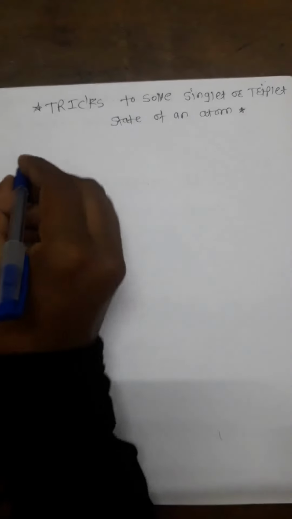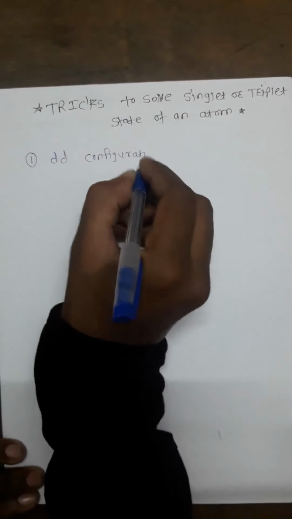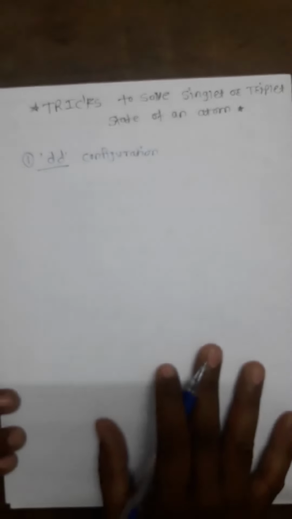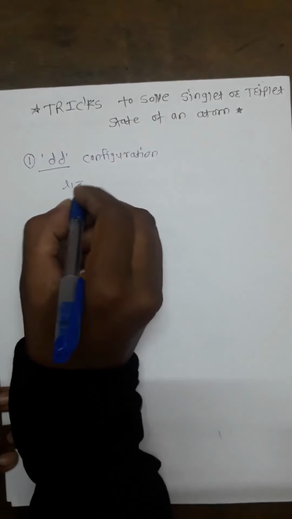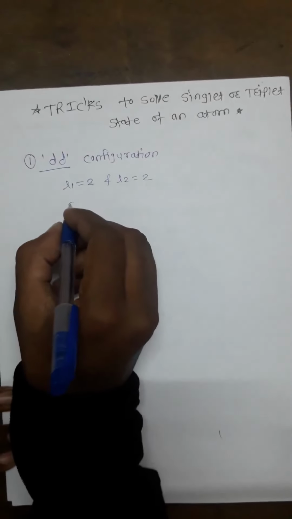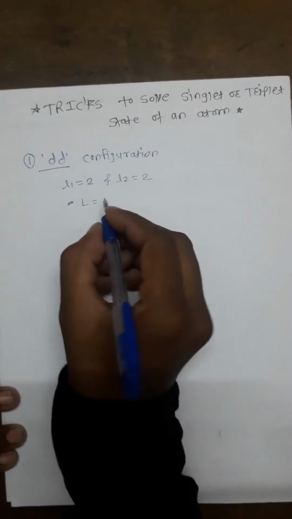Now, the first given is the dd configuration, and for this dd configuration you have to find the singlet or triplet state. For these d electrons, L1 is equal to 2 and L2 is equal to 2, and therefore the value of L runs from L1 minus L2 to L1 plus L2.